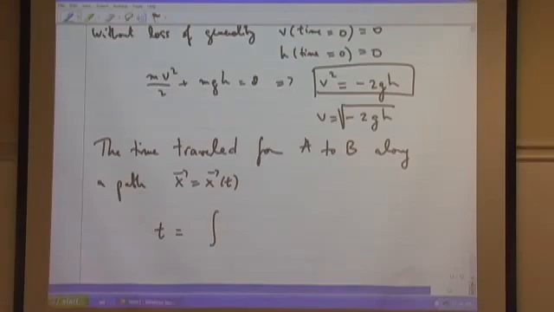So this time is going to be computed the following way.